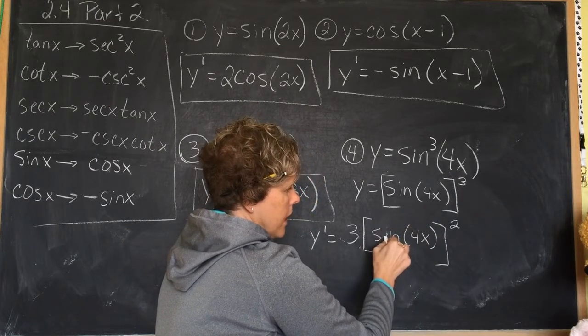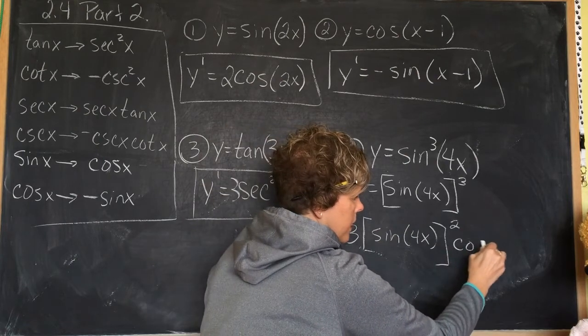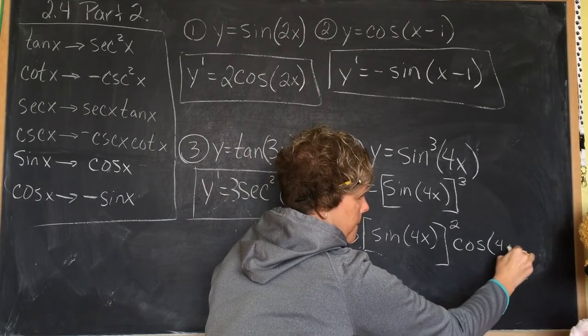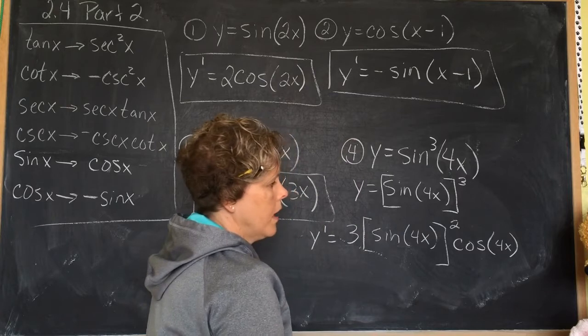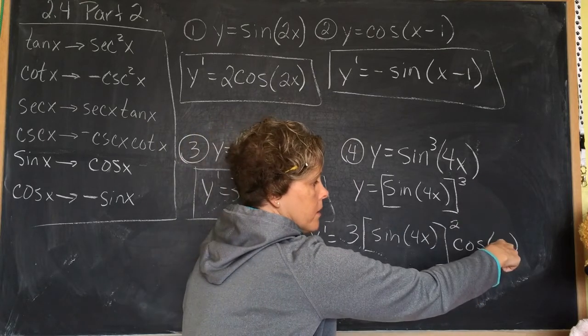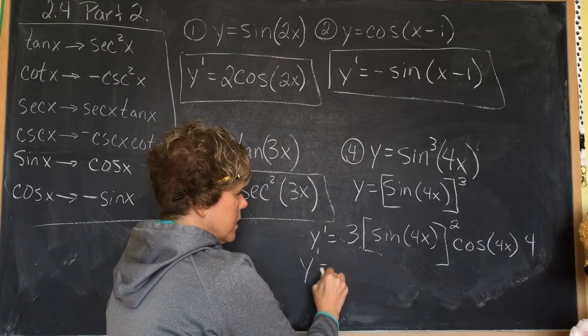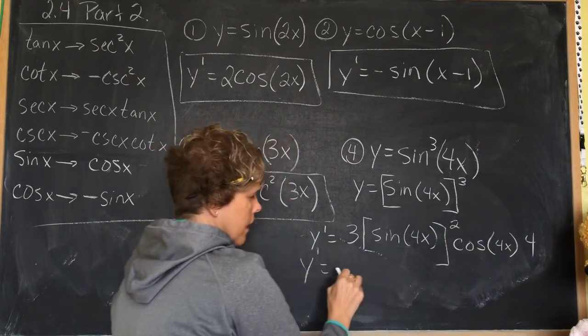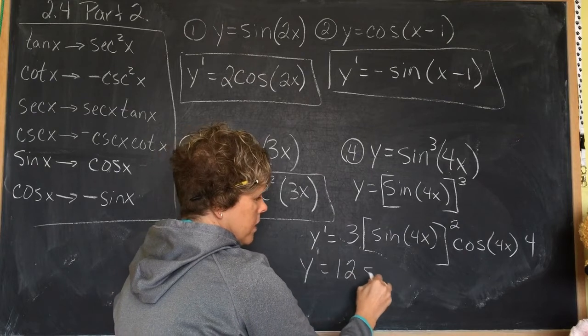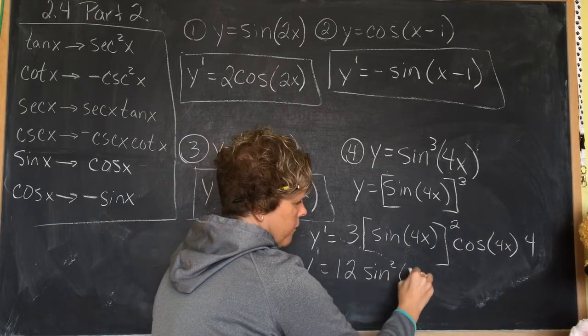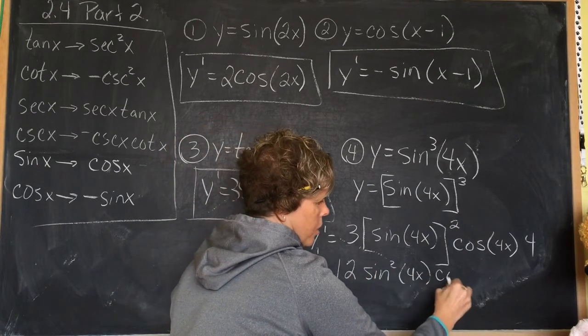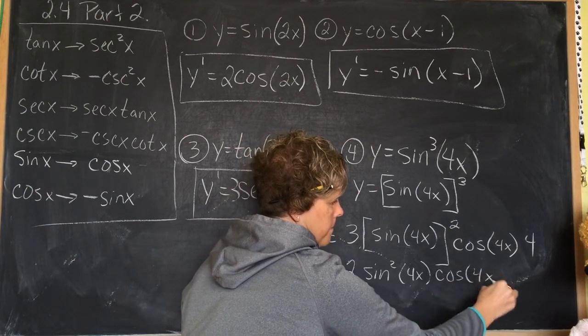What's the derivative of sine? Cosine. Don't change your argument. And then what's the derivative of the argument? That's just 4. So for my final answer, I can multiply that 3 and that 4 together. So I get 12 sine squared of 4x cosine of 4x.